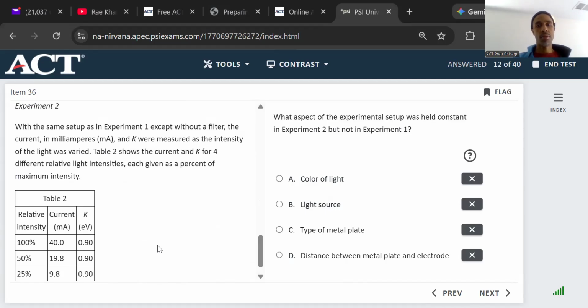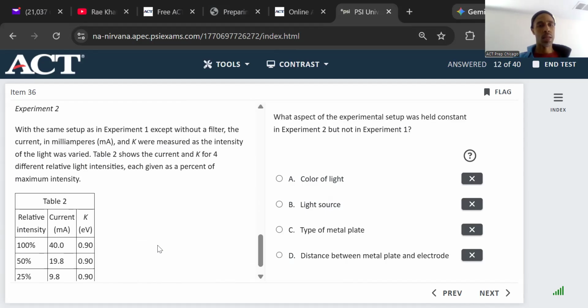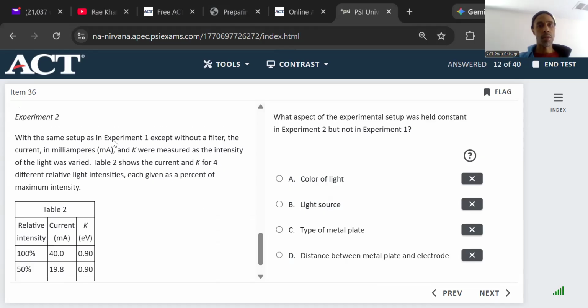They said it was measured, so I don't know if you can say it was held constant. Because they said the current and K were measured as the intensity of light was varied. Can you measure a constant? So they used the same type of metal plate, because experiment two just said they did the same setup as experiment one, except without a filter.